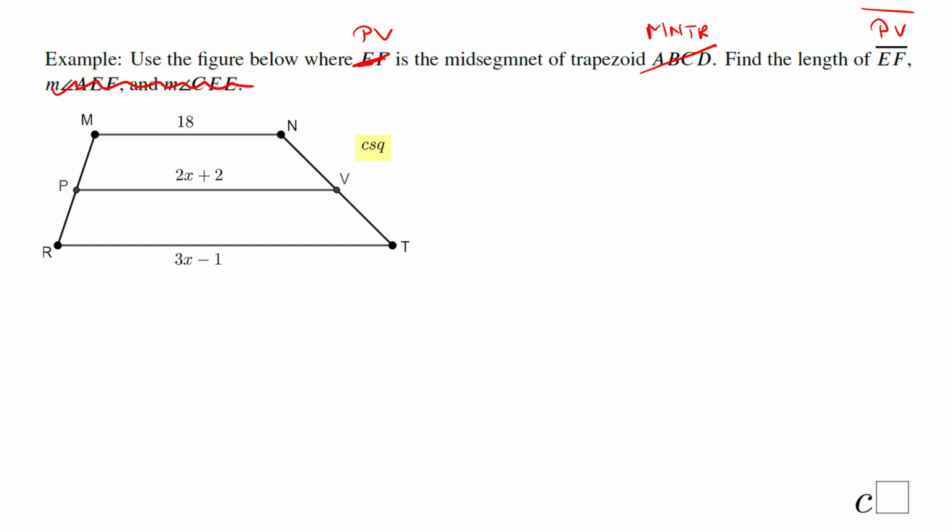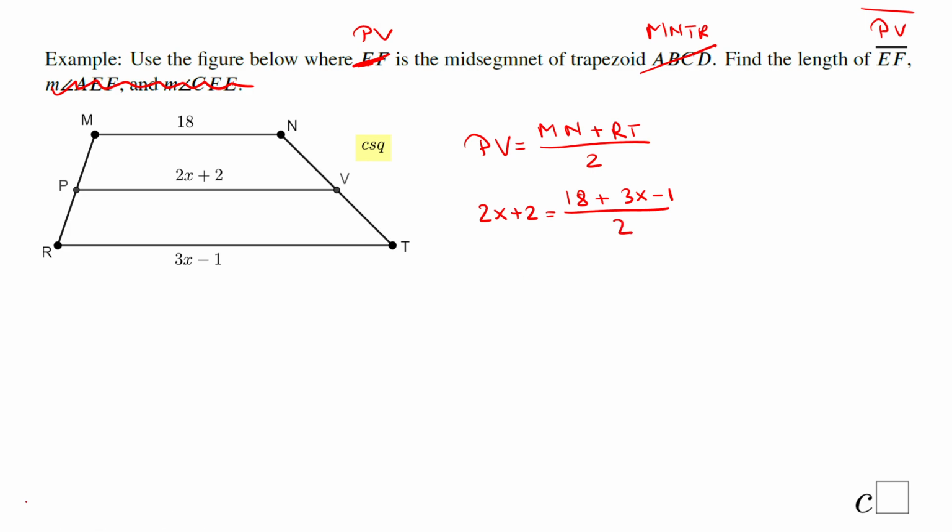Okay, so this problem is the same, the only difference we're gonna have more algebra, but PV should be half of MN and RT if you add these two. So PV, which is 2x plus 2, will be half of 18 plus 3x minus 1.